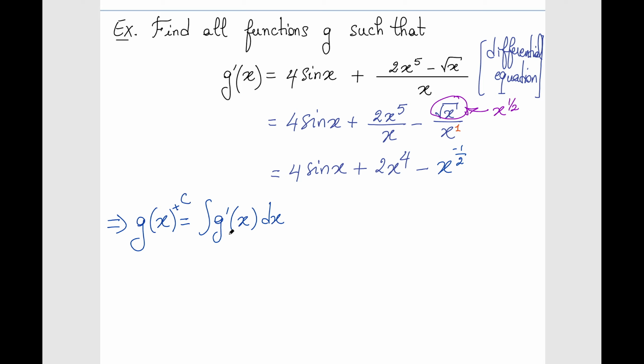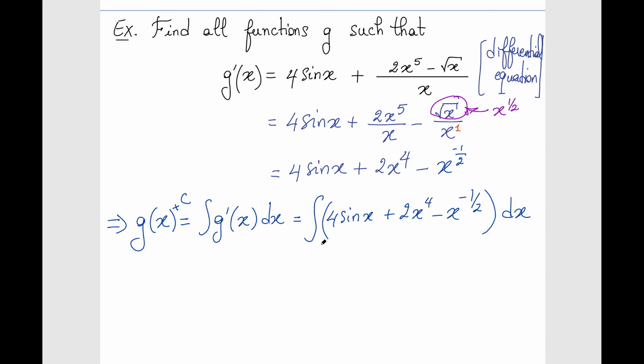All right, and then this is what? This is the primitive of this whole thing, correct? Makes sense? Because g prime is this guy, right?